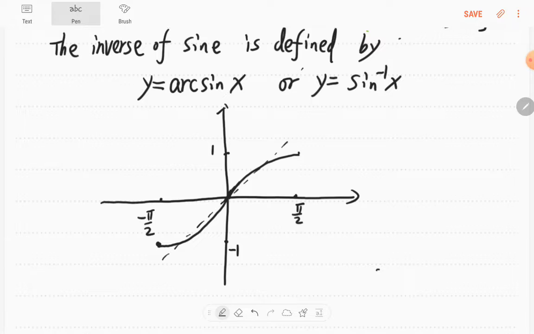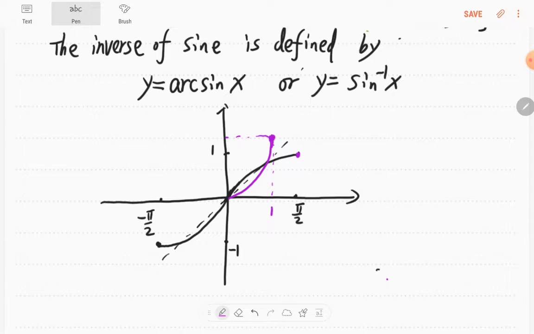And this is the y equals x line, so our graph for the inverse function is this part. This point is pi over 2 and 1, and this point is 1 and pi over 2.